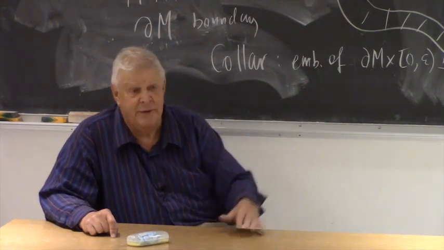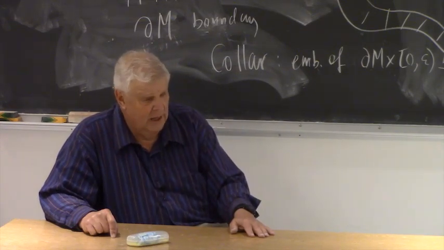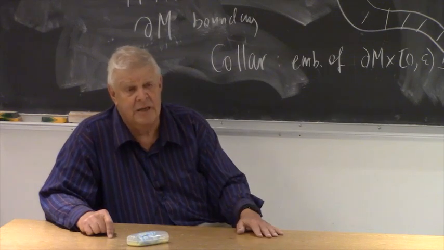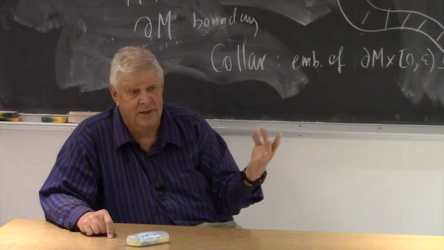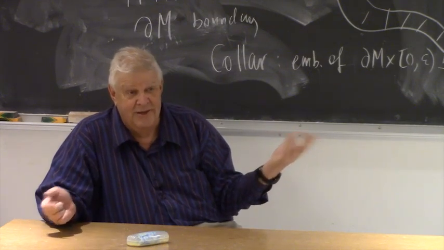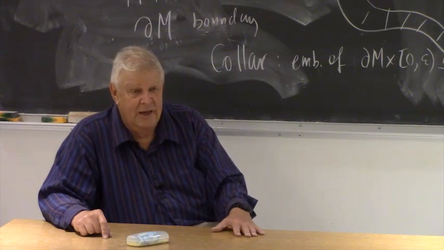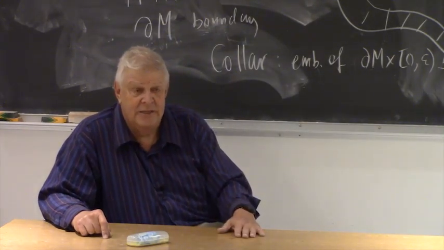And these curves together form a neighborhood of the boundary, which topologically is the product of the boundary and this short curve, maybe not very short, but I say short because epsilon is supposed to be small. So the picture is this.